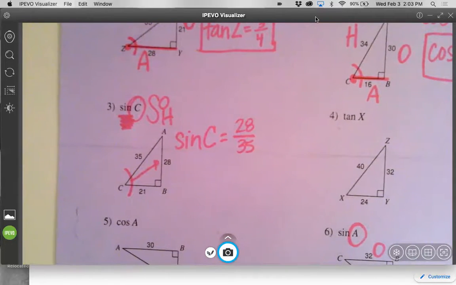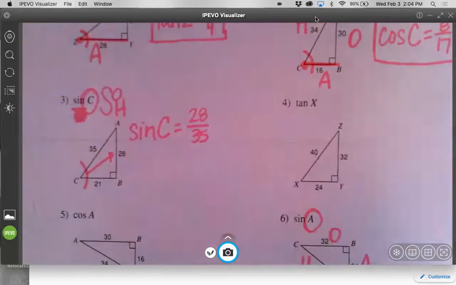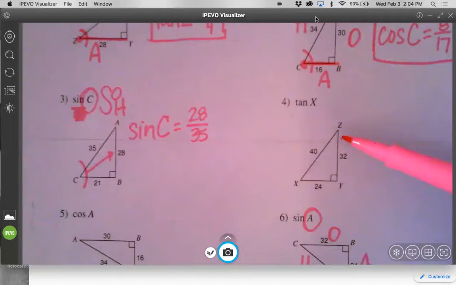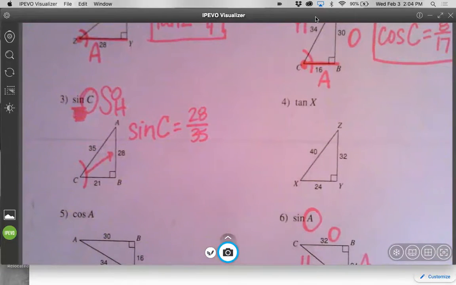Like it might say, find the measure of angle Z. And you could say, okay, cool. So I'm going to use tangent, opposite over adjacent. And then I can use that to solve for the angle. Or you could use sine of Z, 24/40. Or you could use cosine, 32/40. So it will either tell you or you will choose based on the sides that you are given.